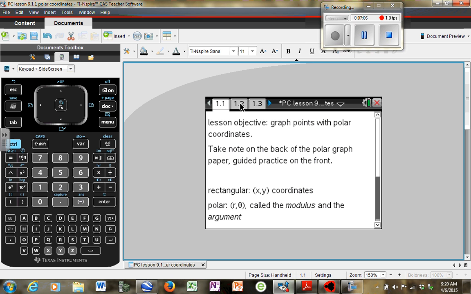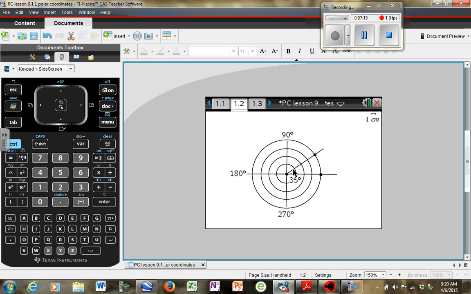Okay, so in your book, if you would, go ahead and open up to lesson 9.1 and look at those first pages. I think it's page 534. We've got the basic setup. You've got rectangular, which works in squares from the origin, going out along the x-axis and then up from the y-axis and finding our place where those two lines intersect, and then defining that point in the coordinate system (x, y).